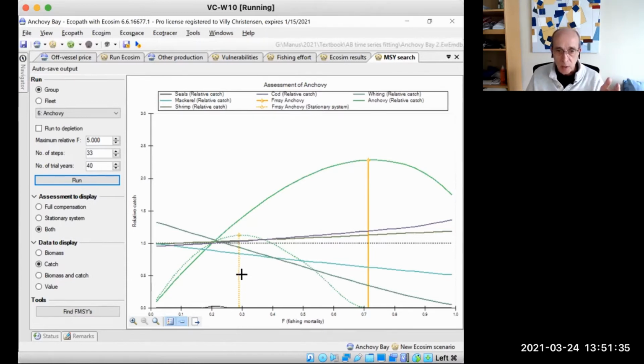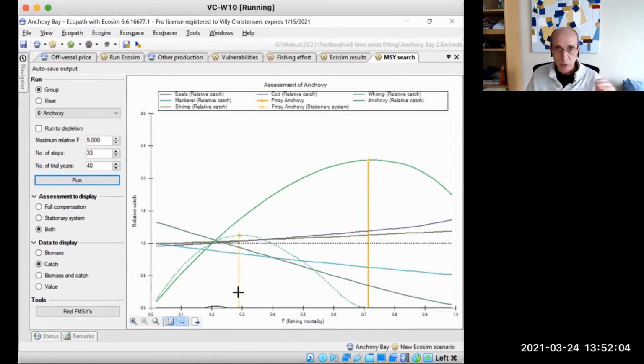So the difference here between an FMSY of 0.3 and one of 0.7 is whether we have the food web considerations built in, or whether we're not considering them. That's what makes the difference. And we often find, it's not a universal truth, but we often find that the FMSY from the ecosystem perspective is higher than from the single species perspective.